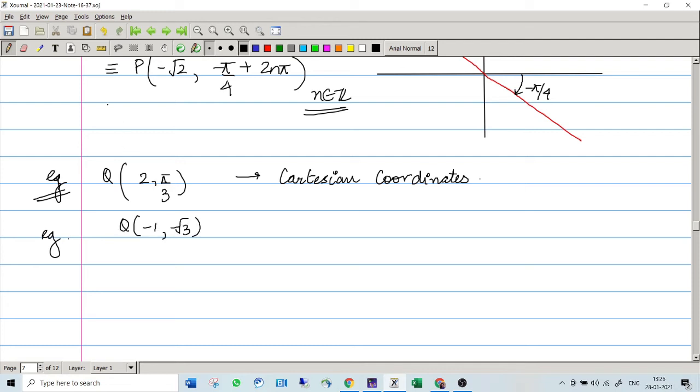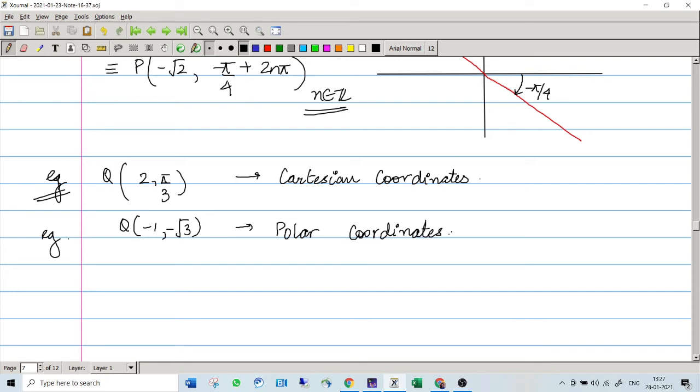This is minus root 3. Right? You can try doing these examples for your practice.